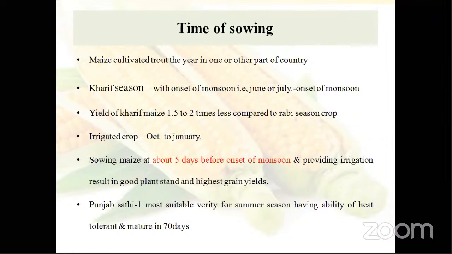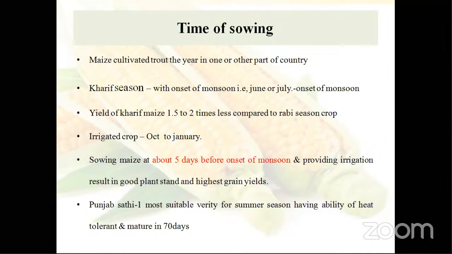The entire Kharif season maize comes under rainfed conditions. No farmer applies irrigation during the Kharif season; it is completely based on the monsoon. So the time of sowing depends on the onset of monsoon.